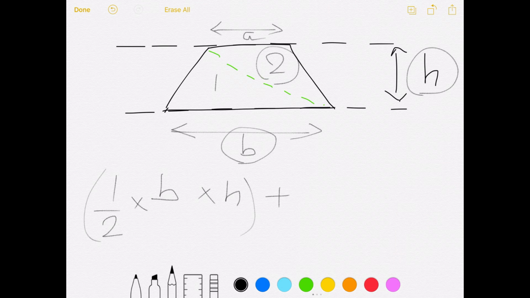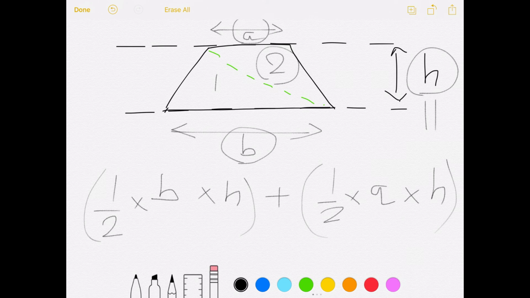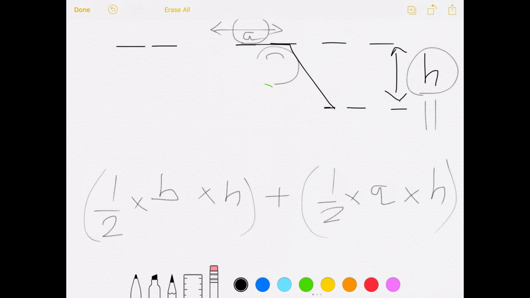Now the same formula applies over here also. Half multiplied by base, in this case the base will be the side A, multiplied by the height, that is again H. So we have half into B into H plus half into A into H. I'm erasing the other part.